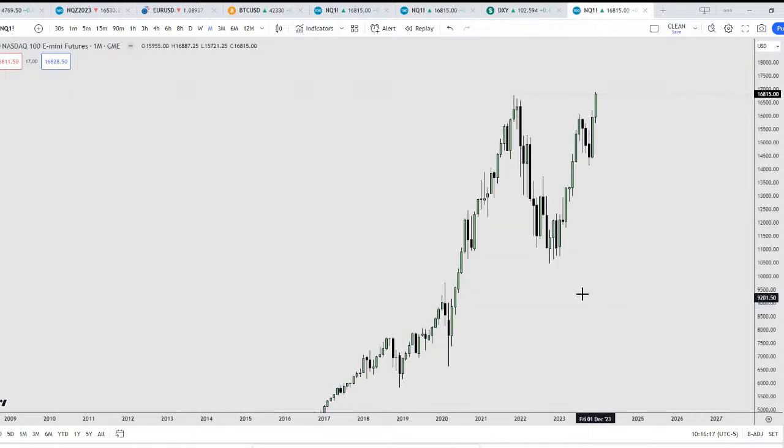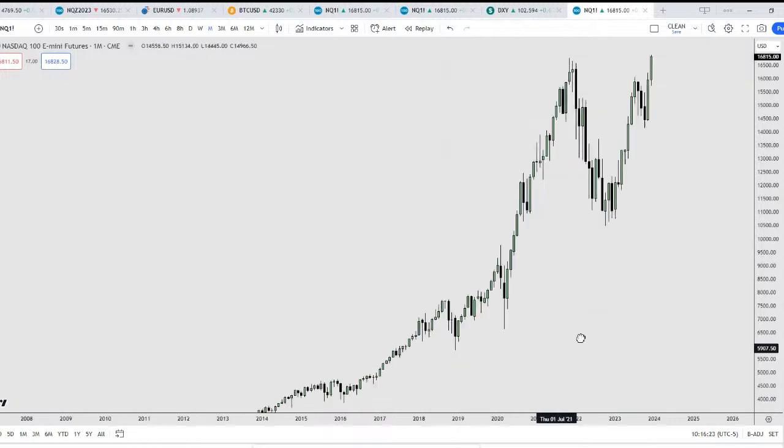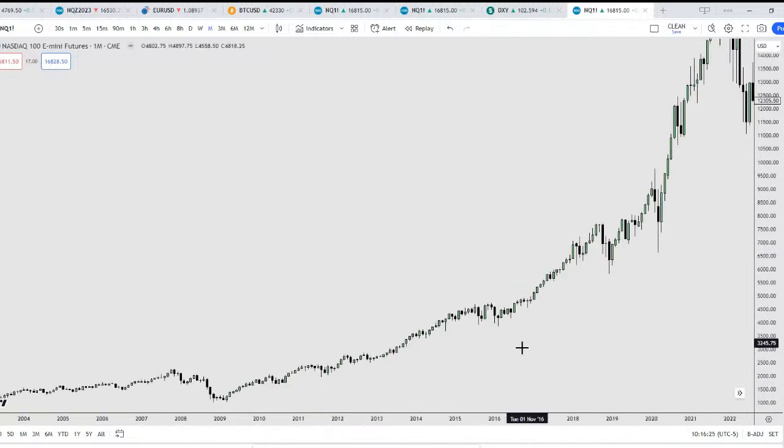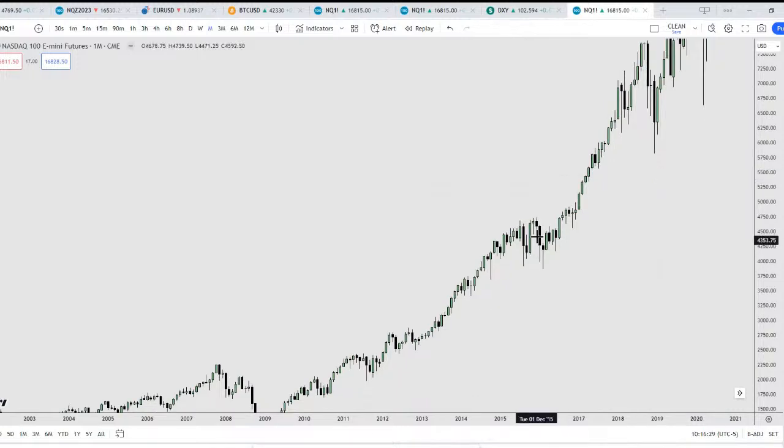For example, the last election was 2020, February, March. And then 2016. This time around we have February, and then March.